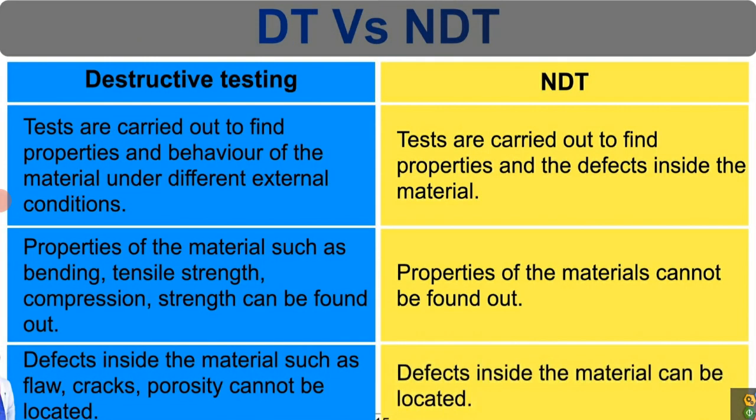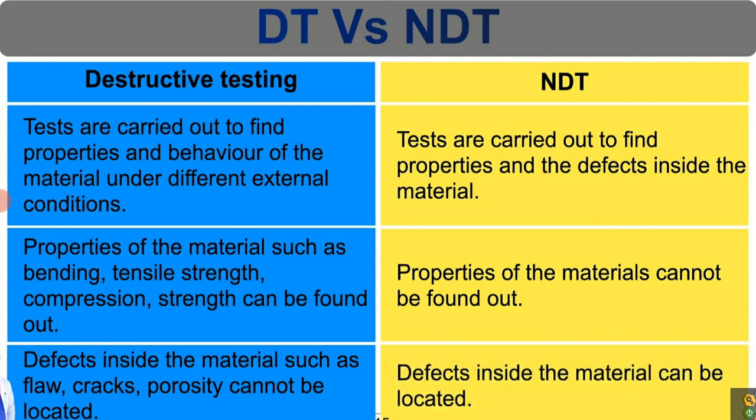Let's see the comparison between destructive testing and non-destructive testing. In destructive testing, tests are carried out to find properties and behavior of the material. In non-destructive technique, tests are carried out to find properties and the defects inside the material.